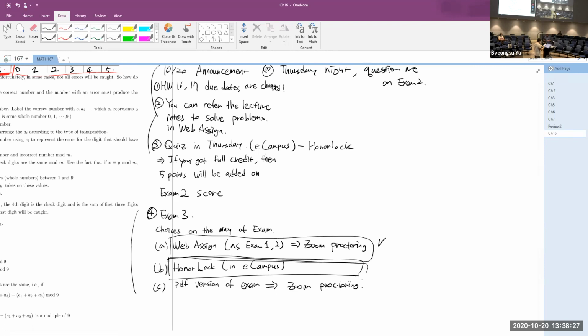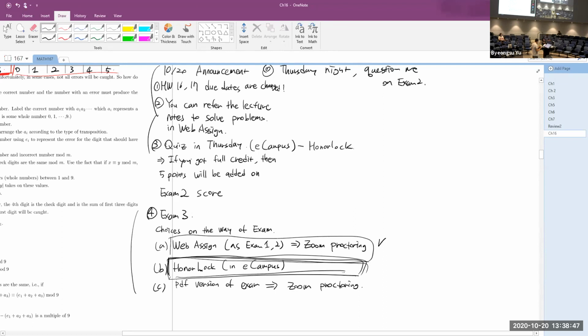Just log into eCampus and follow the instructions from Honorlock. Then you can use your programs as in WebAssign, because eCampus and WebAssign are very similar. So you can choose the second option if you want.